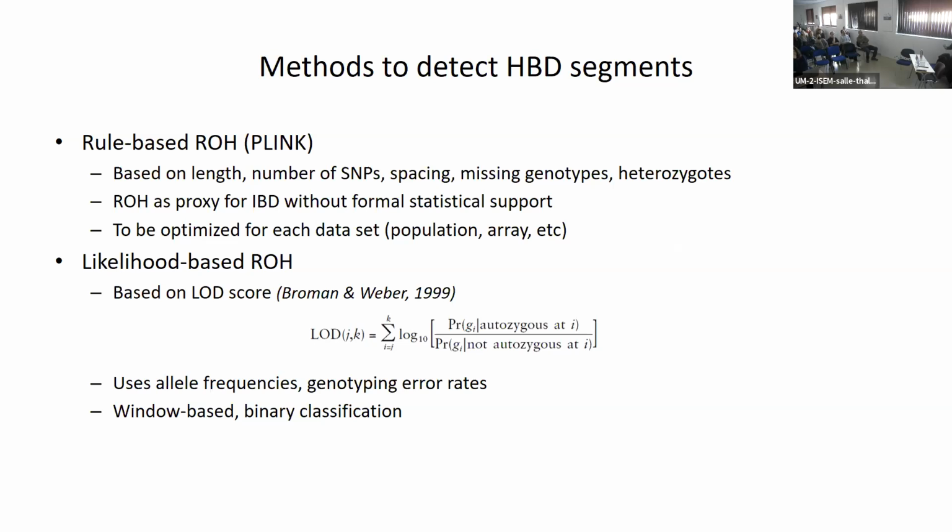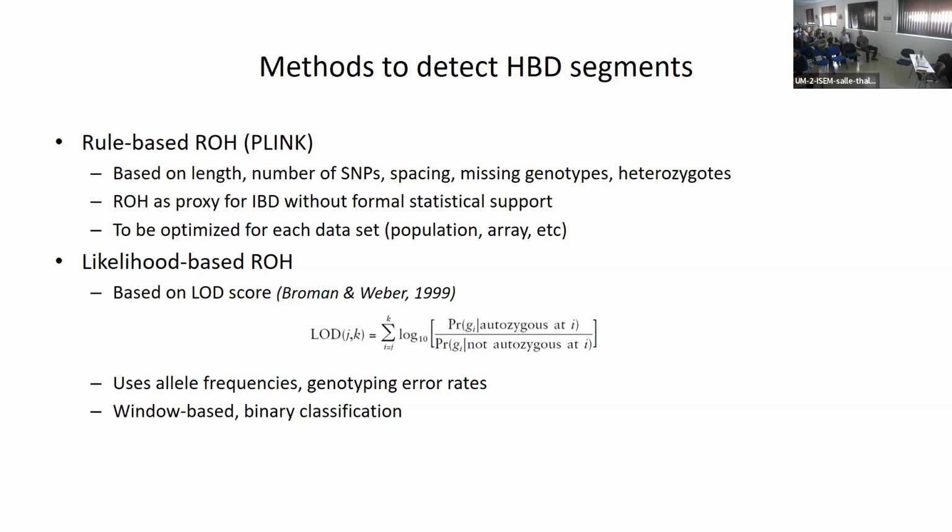This is often used as a proxy for identity by descent, but there is no formal statistical support. So the idea is that if it's long enough, it should be IBD. And ideally, the parameters of this calling should be optimized for each data set.